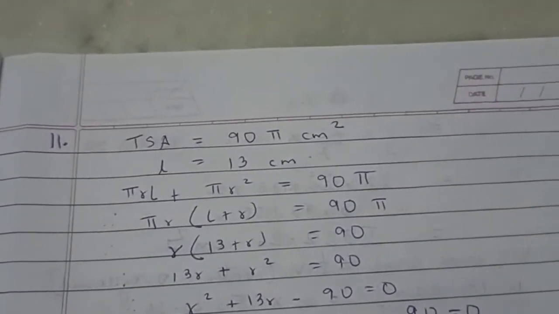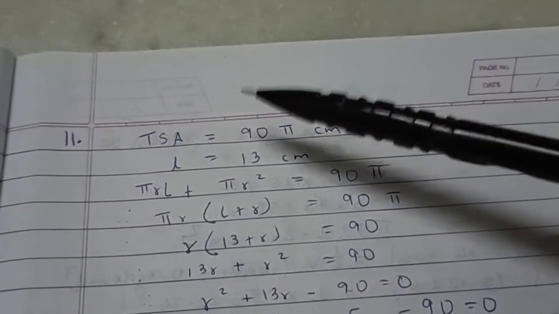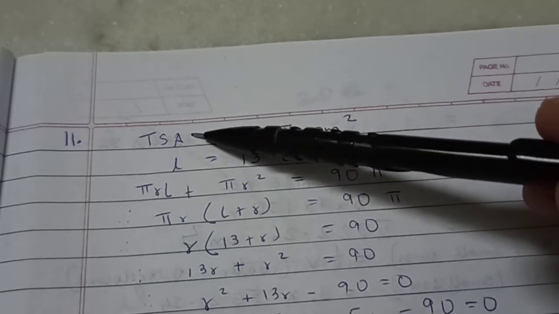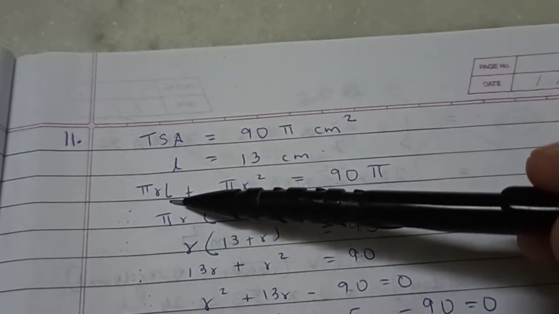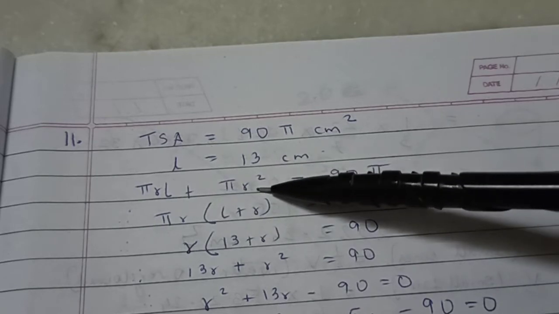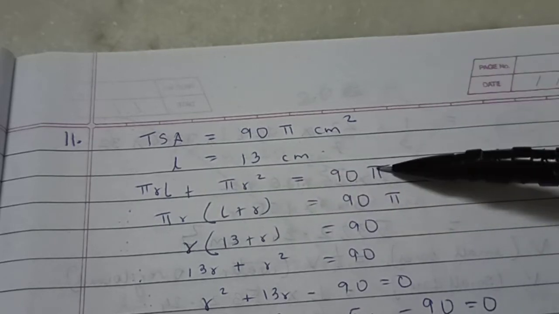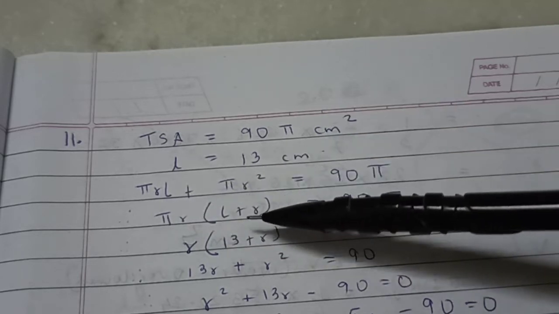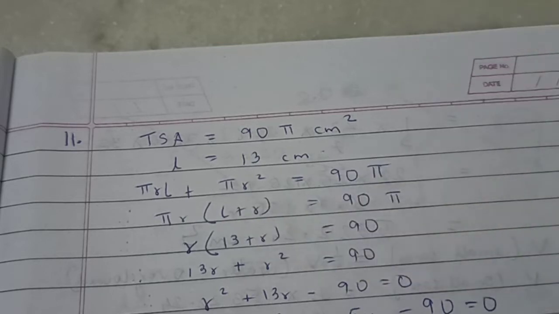Well, TSA is 90 pi and slant height is 13. Total surface area is curved surface area plus the area of the base, which is 90 pi given. Now I'll take pi r common, and l's value I know is 13.